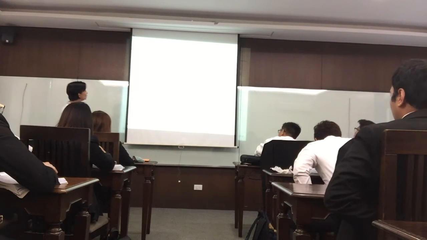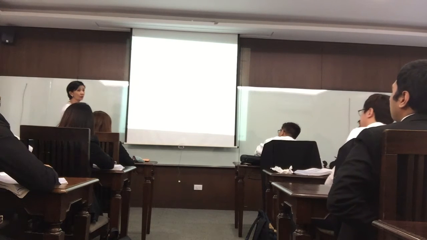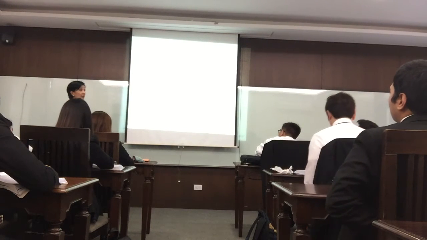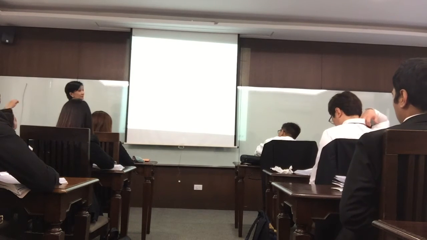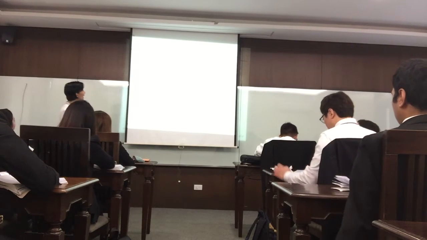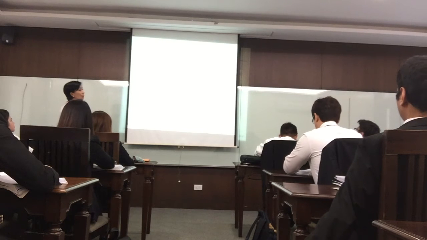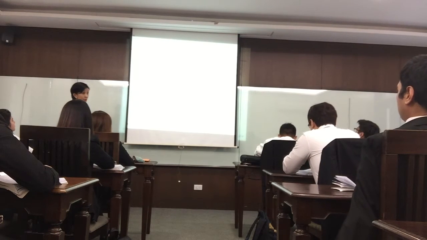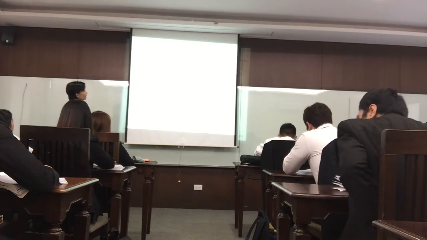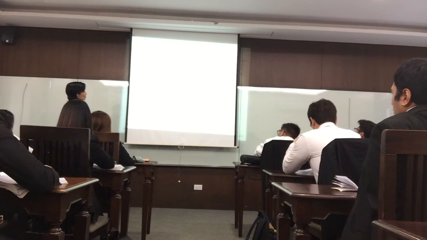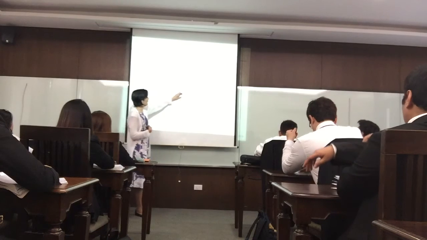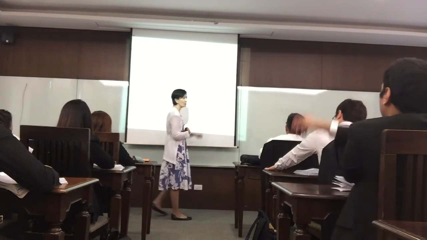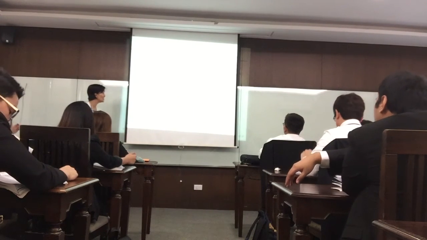If it is 8,925 million, that is 8.9 billion. Tama ba? And their total assets is 11.2 billion, or 11,200 million. Okay? So the ratio of the liabilities to the total assets is 79.7%.